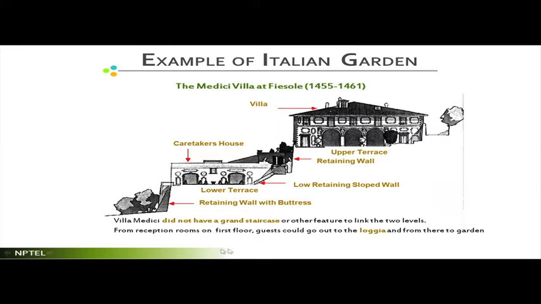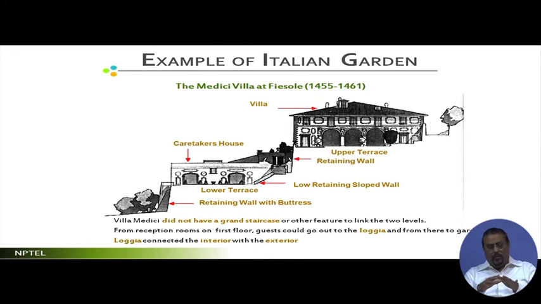From the reception rooms on the first floor, the guest could go out to the loggia and from there to the garden. From here you go to this, then to this. That means you have exposure to multiple such levels. And the loggia connected the interiors and the exteriors again. So, that is how they have done it.